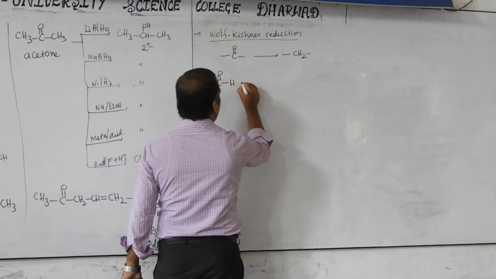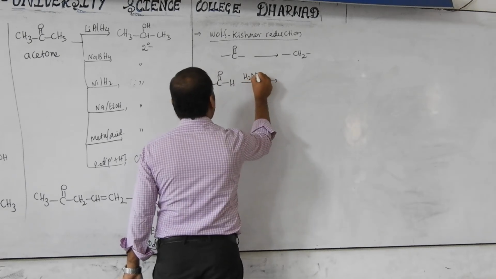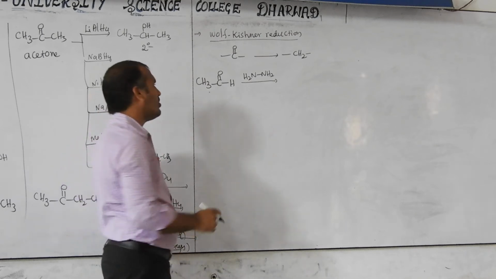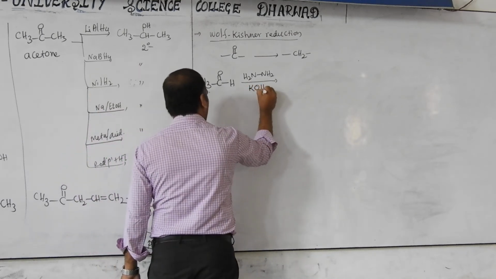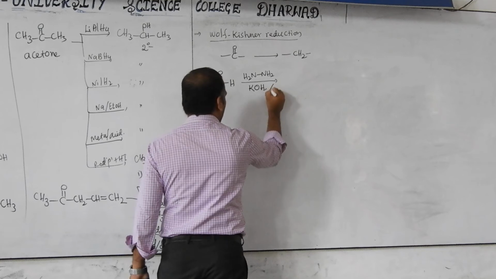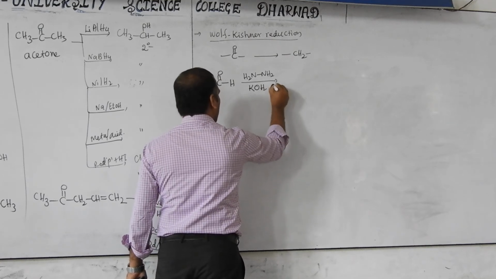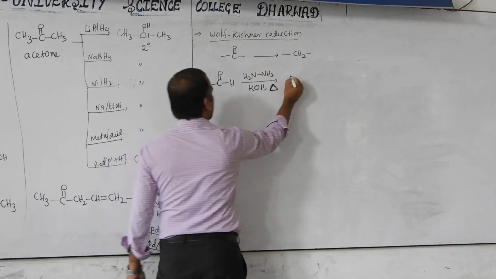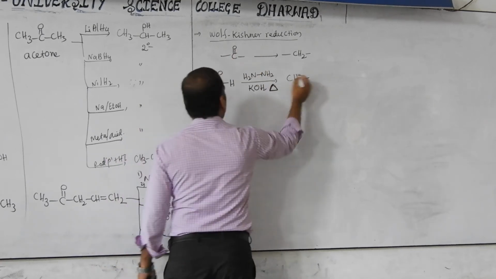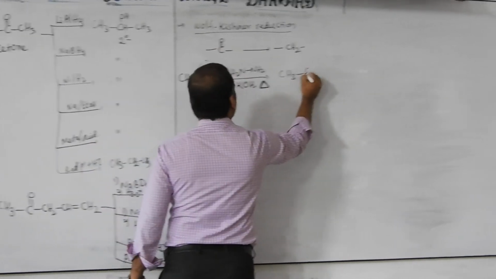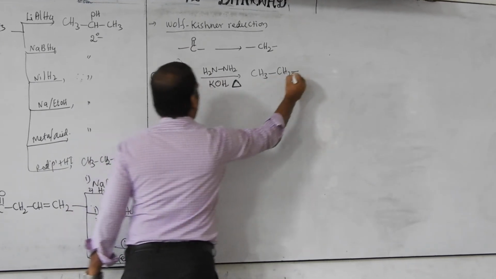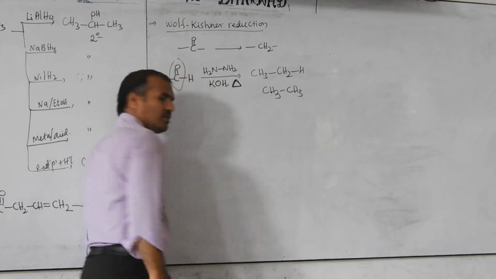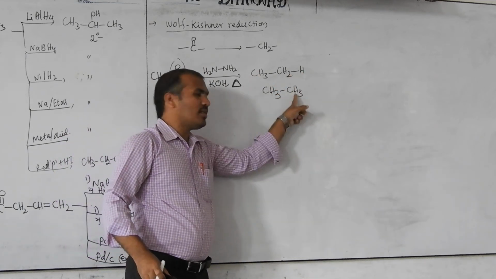This acetaldehyde reacts with hydrazine, NH2NH2, otherwise N2H4, in the presence of a strong base like KOH, and high temperature, which you have to consider as delta. Then the C double bond O is converted to CH2, giving CH3, CH3.